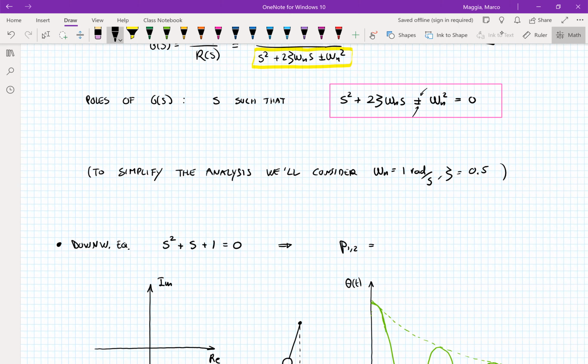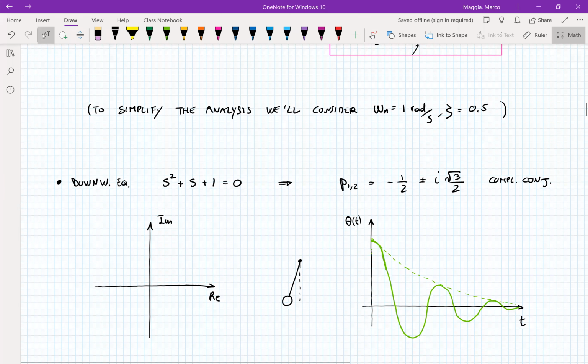So the roots of this equation, that is the poles, are equal to minus 1/2 plus or minus i square root of 3 over 2. You see that these numbers are complex conjugate, and we can place them on the s-plane right about here. We have p1 and p2.